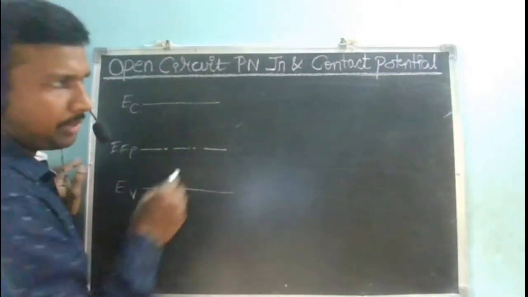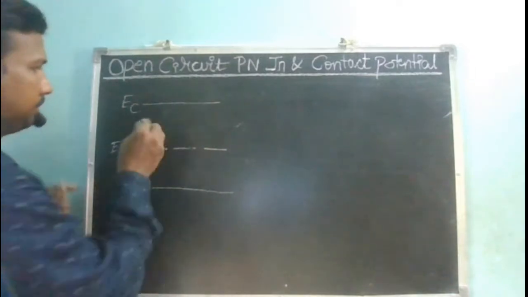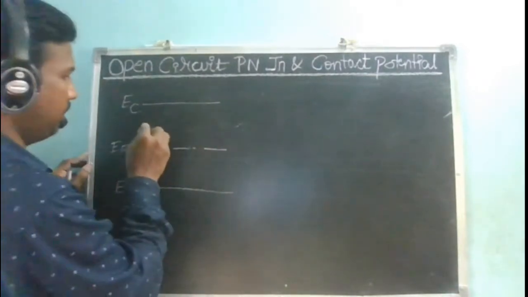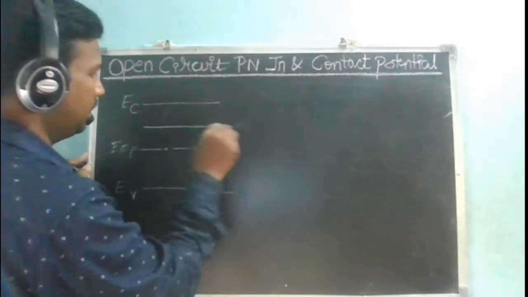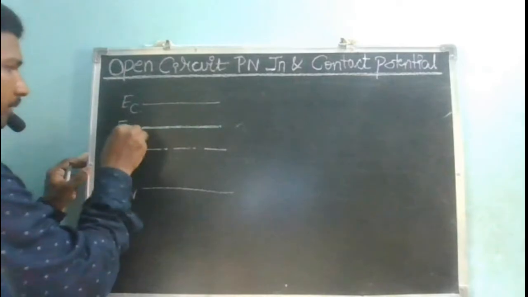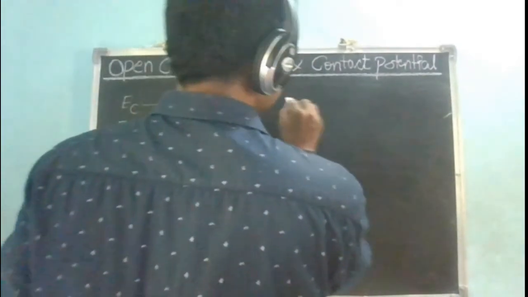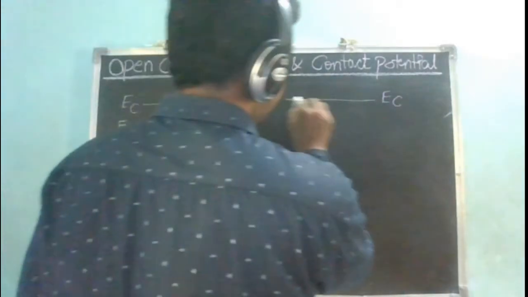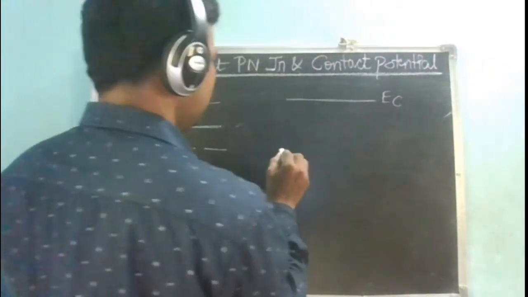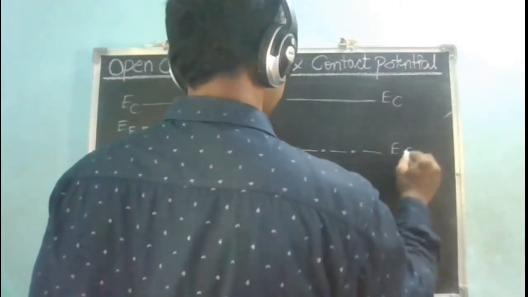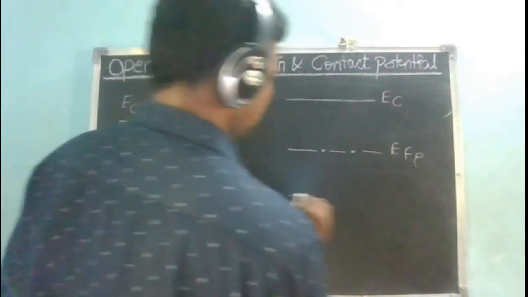For an N-type semiconductor, where will my EF be? My EF will be somewhere here. This is EF. Similarly I want to show another n-type material, with EFI and EV.